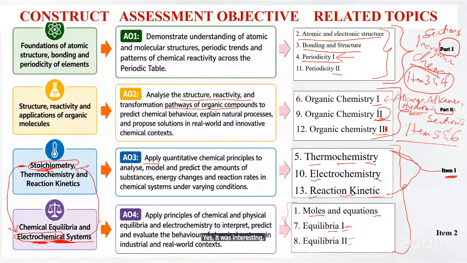That is what was there before, but later they found out that thermochemistry, electrochemistry, and kinetics have a lot which is related, so they were put together. Stoichiometry, where we have the moles and equations, was brought down, and the electrochemical systems were taken up. Are we there? Yes, I've got it well.